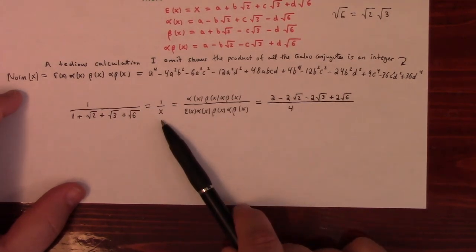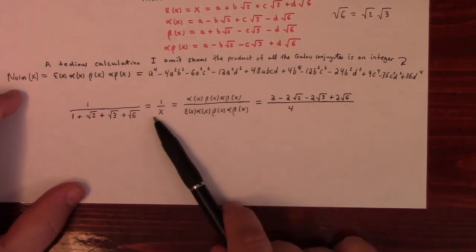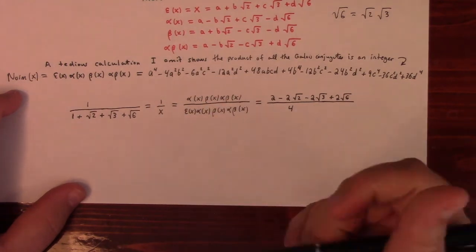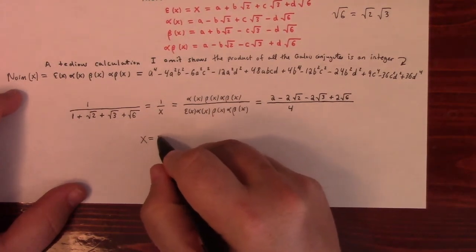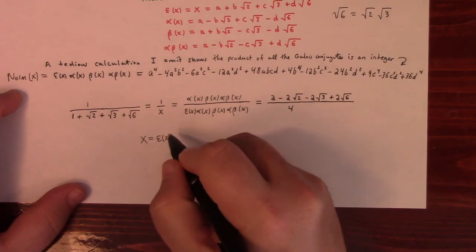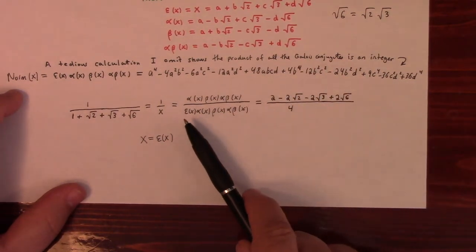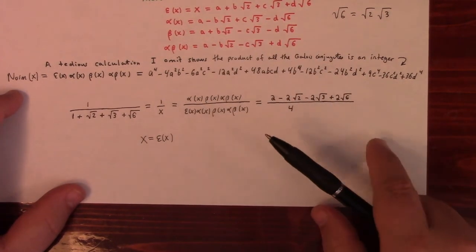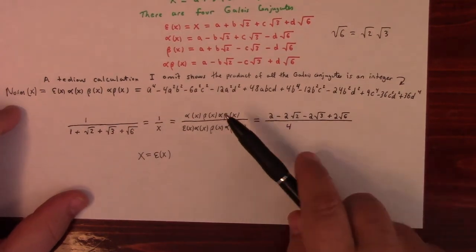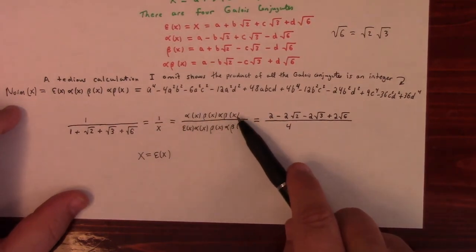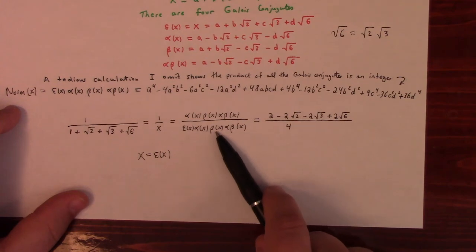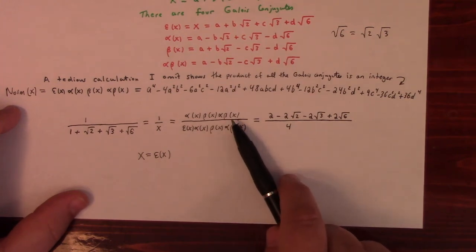So you do 1 over x, and what you do is, well, x is equal to epsilon x, right? x is equal to the identity conjugate, by definition up here, and so this is equal to that, and then I just divide and multiply by the 3 other Galois conjugates in this case.